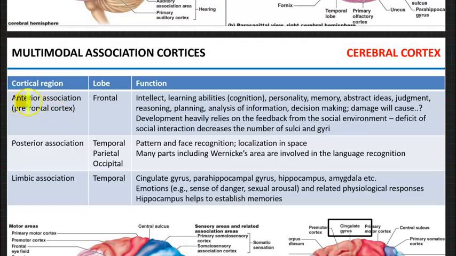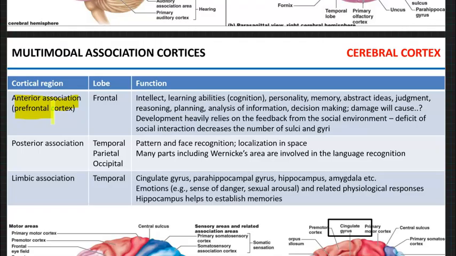So, anterior association or prefrontal cortex contains all your personal distinctive features. The way you learn, your demeanor to other people, everything about you, your personality.